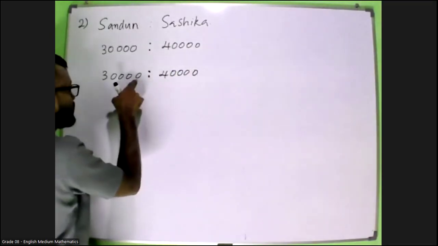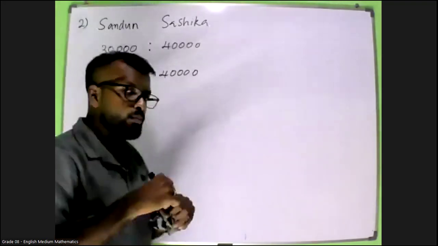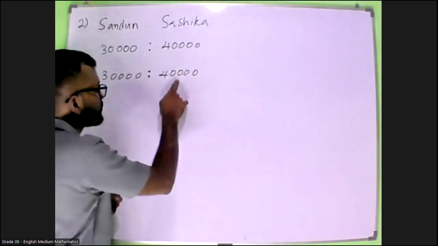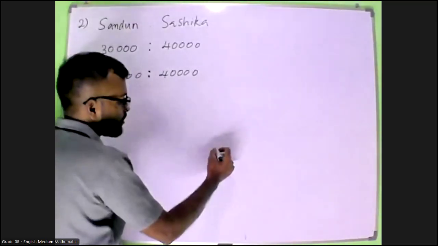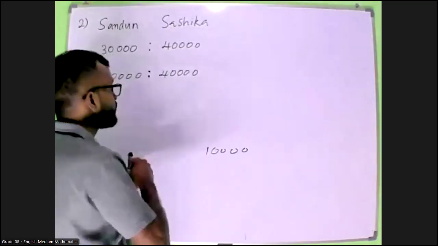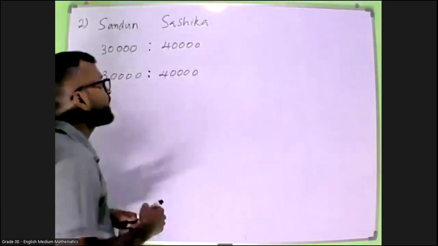How many zeros? 1, 2, 3, 4. 1, 2, 3, 4. So you can divide both sides by 10,000, right? 4 zeros means 10,000. So you can divide both sides by 10,000.